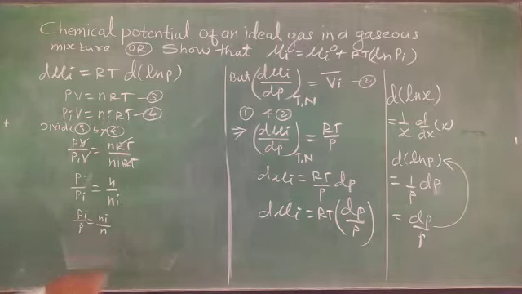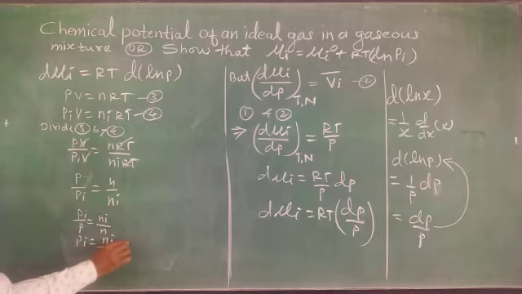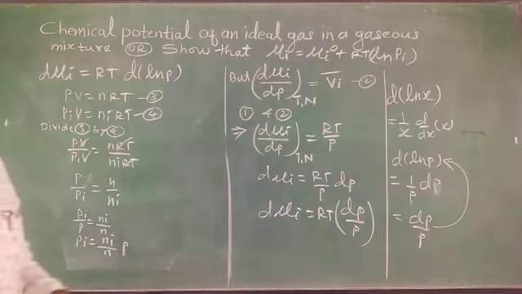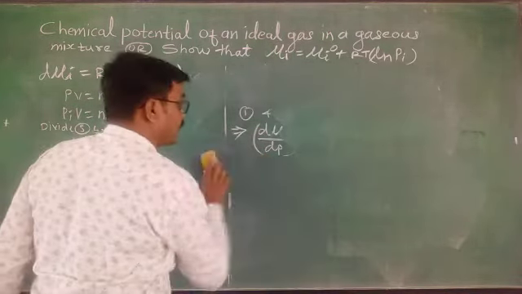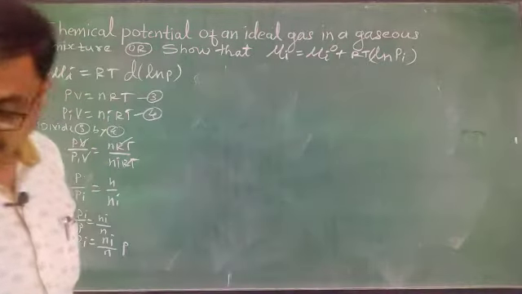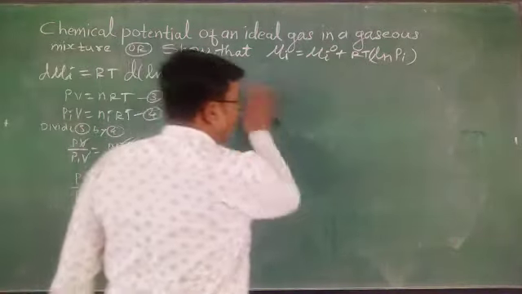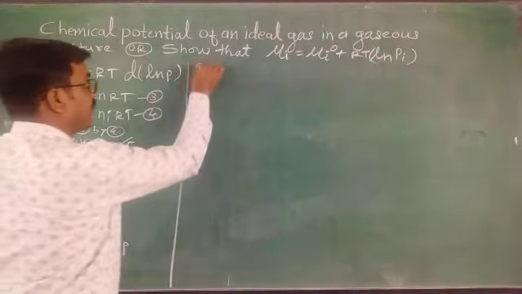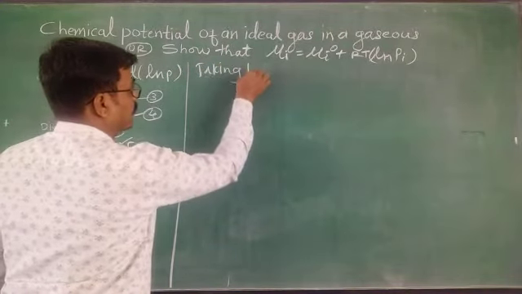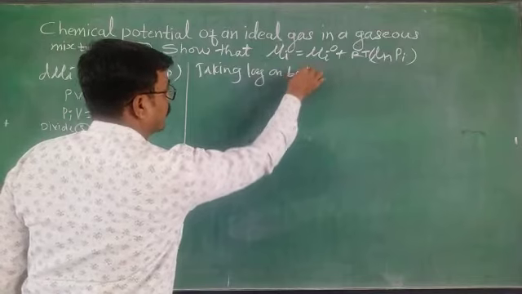Now further, in order to solve it, you may write Pi is equal to ni upon n into P, then take the log on both sides.